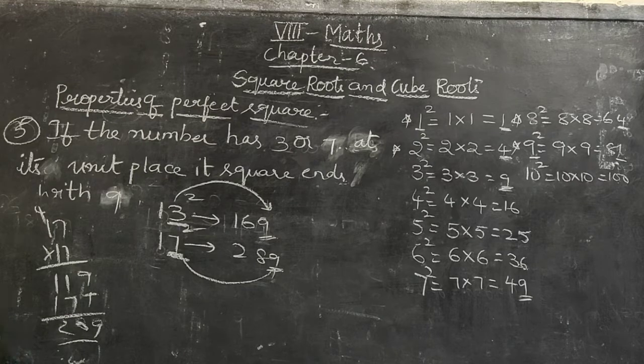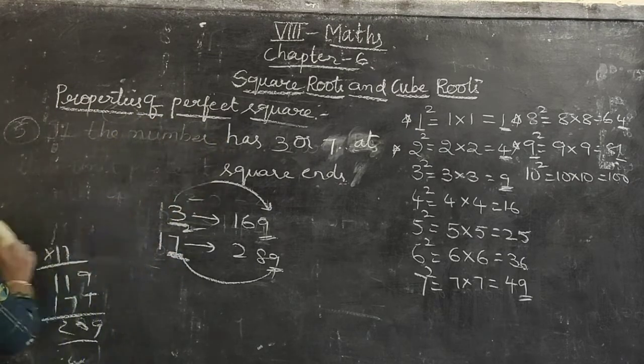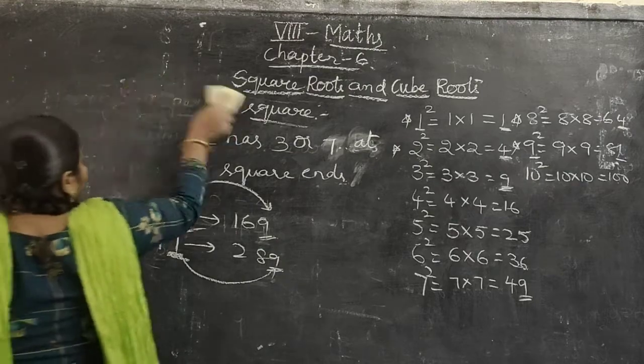Next is Pythagorean triplet. What do you mean by Pythagorean triplet?